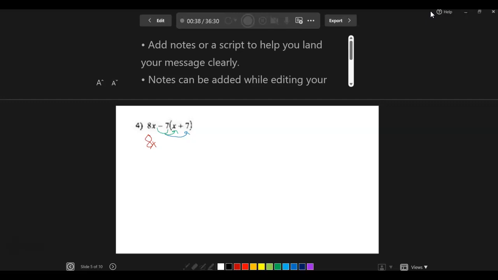So we've kind of got a little bit of work cut out for us. So we're going to take the negative 7 times x. Well, that one won't be too hard. And then we'll take the negative 7 times the positive 7.